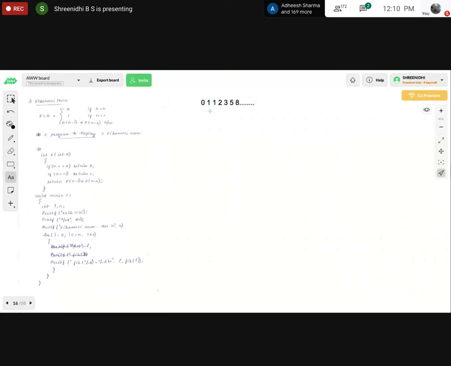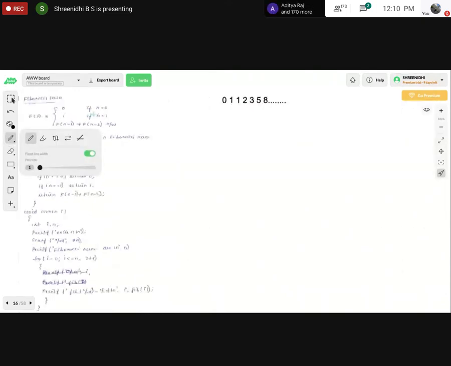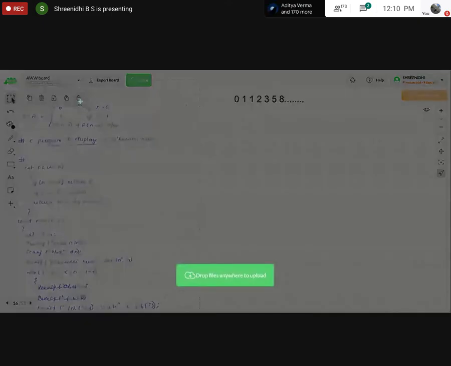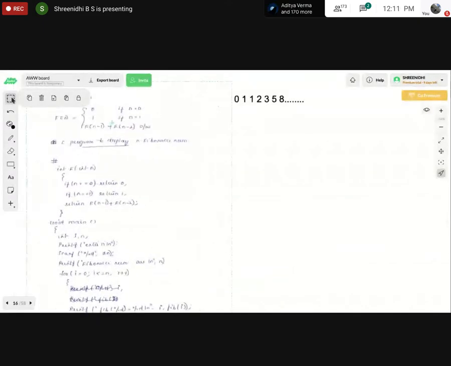Initially, the first two numbers will be 0 and 1, as explained here. So here f of n is a function. The first number will be 0 if n is equal to 0.